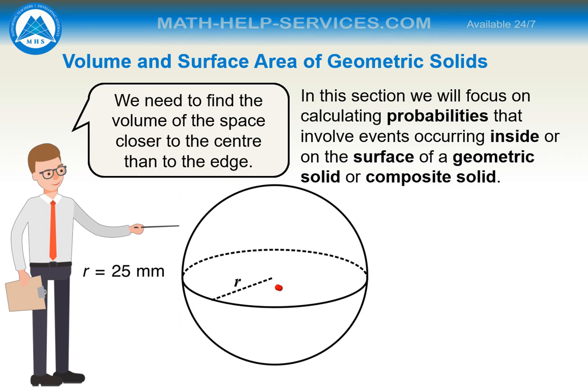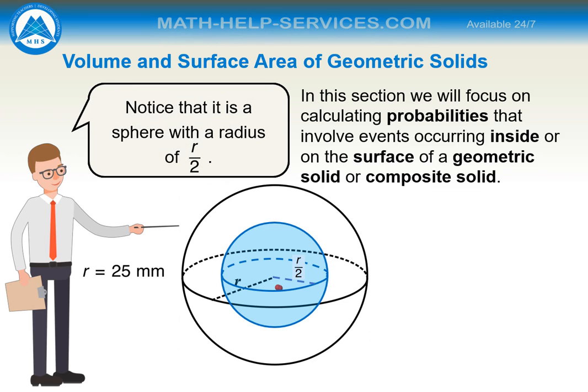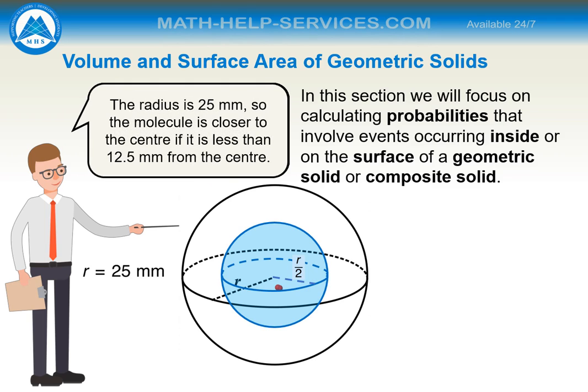We need to find the volume of the space closer to the center than to the edge. Notice that it is a sphere with a radius of the radius divided by 2. The radius is 25 millimeters, so the molecule is closer to the center if it is less than 12.5 millimeters from the center.